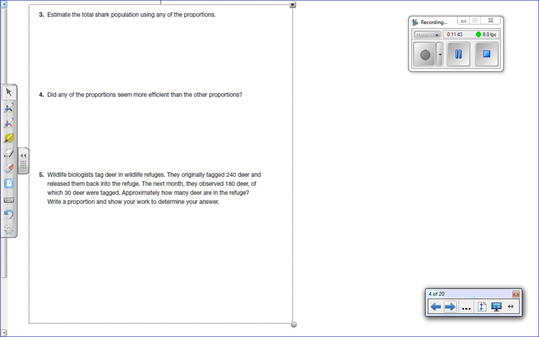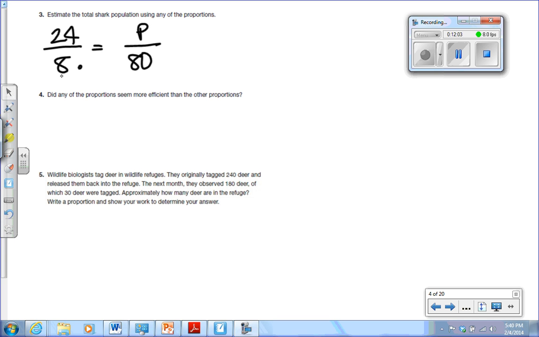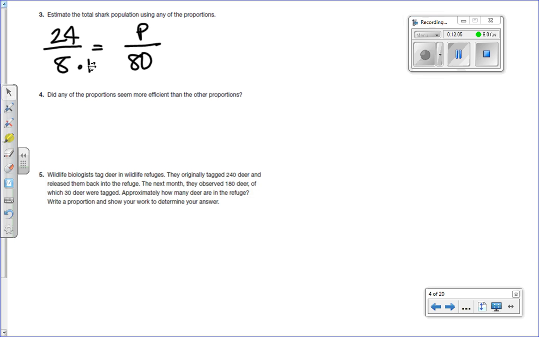Estimate the total shark population using any of the proportions. So I want you to choose one of the proportions and I want you to try to solve for the total shark population. I chose this proportion because it makes the most sense to me. I can see that 8 times 10 would give me 80.